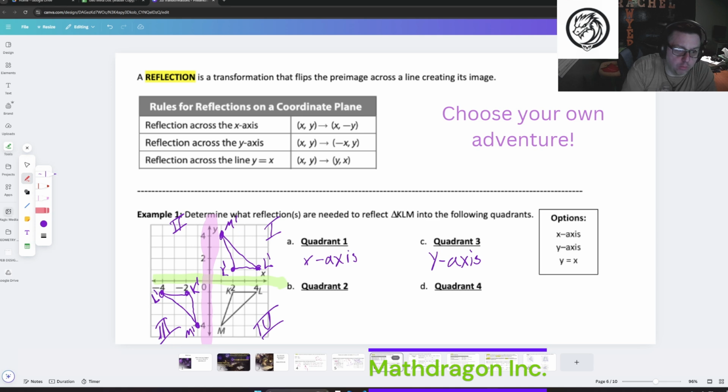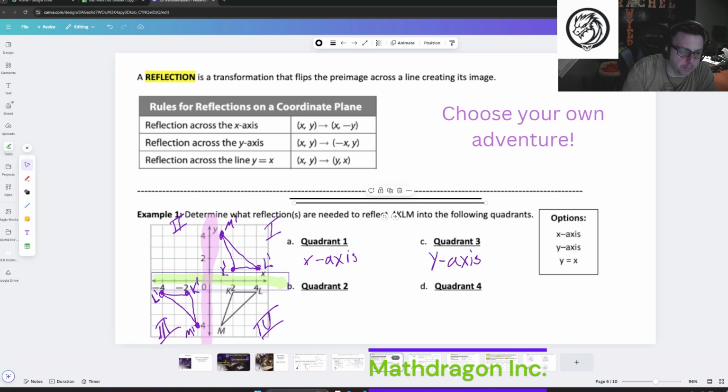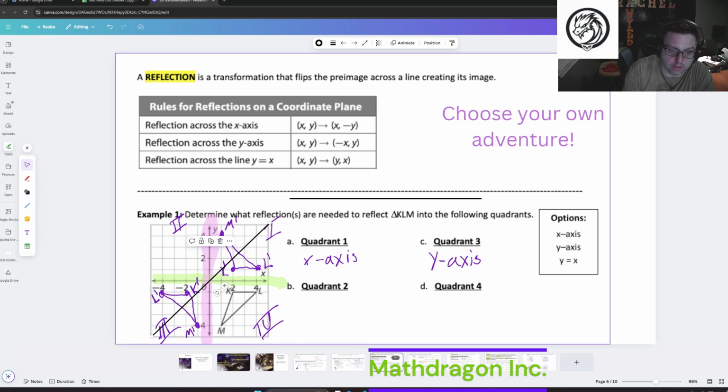Now, if we reflect it across y equals x, we're reflecting from one corner to the other corner of our graph. So we could look at 1, 1, 2, 2, 3, 3, 4, 4, 5, 5, 0, 0, and we reflect across that line.